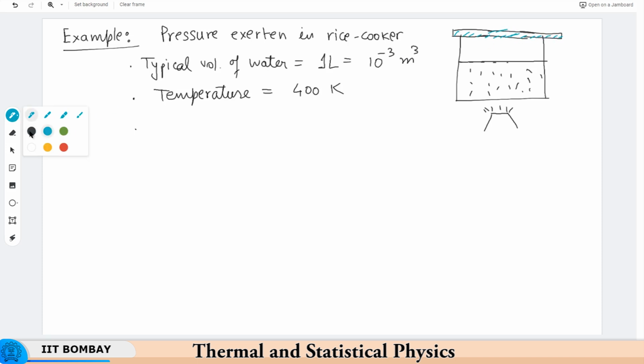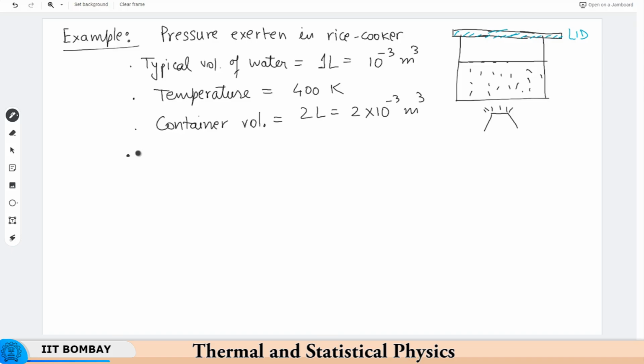Typically the cooker volume is about 2 liters. So, let us estimate these numbers, 2 liters, which is 2 into 10⁻³ meter cube.